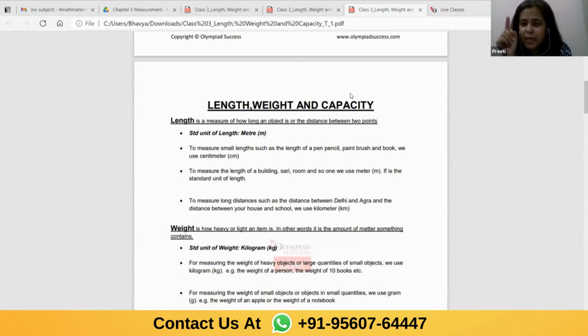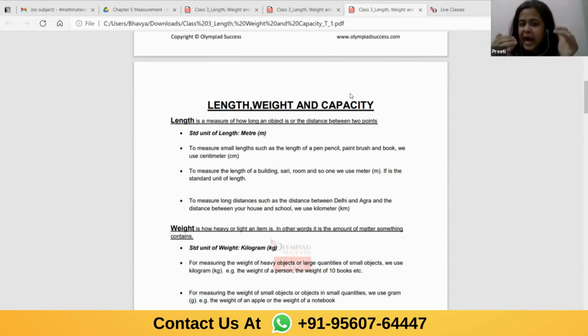We use length to measure how long an object or something is, and distance is also a part of it. Distance could be between 2 points, and it could be in meters also. It could be in kilometers also. Centimeters we use for the length of an object. It could be centimeters, it could be meters also.